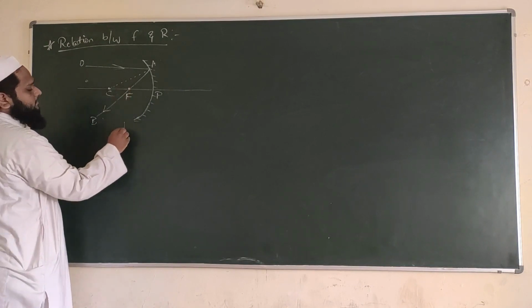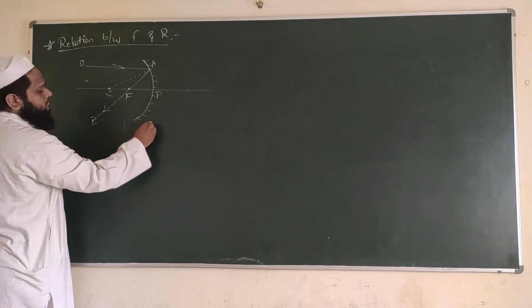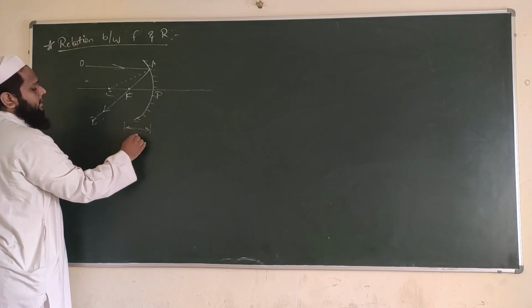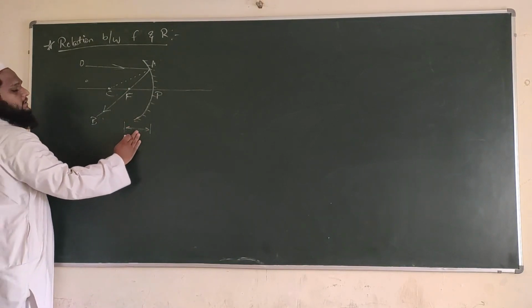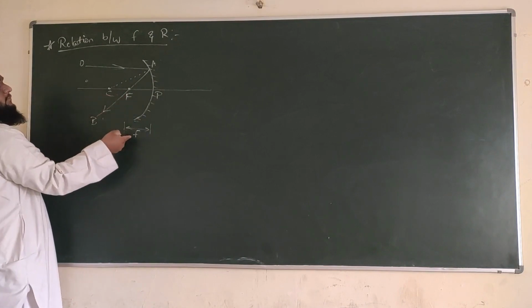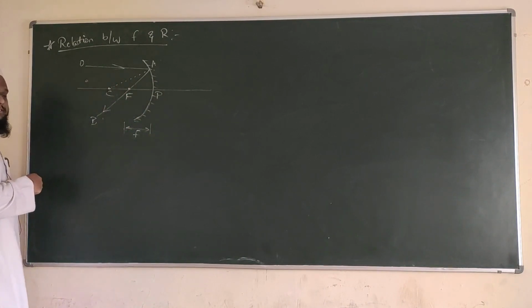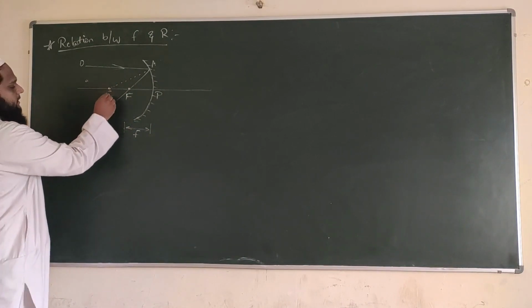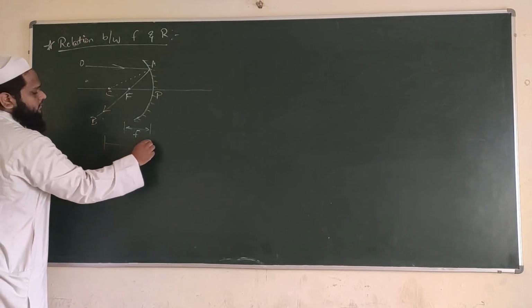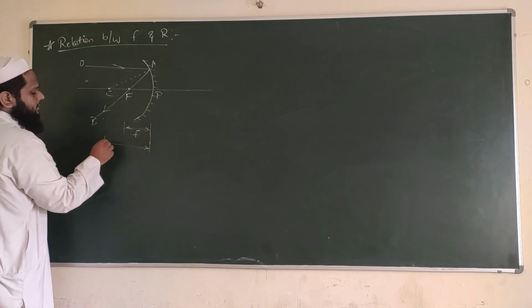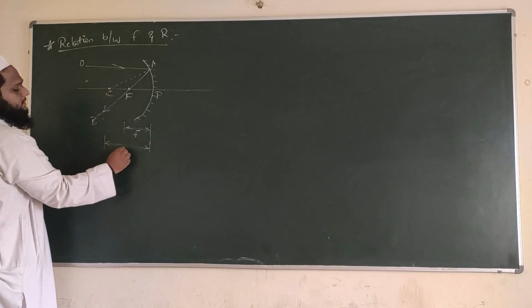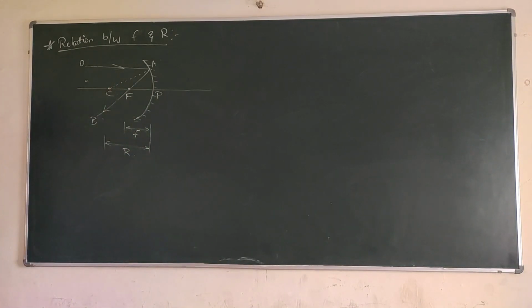From here till the pole, you will have what is called focal length. Remember, this will be small f, this will be capital F, principal focus. Then the center is over here. From the pole to the center, it is radius of curvature.